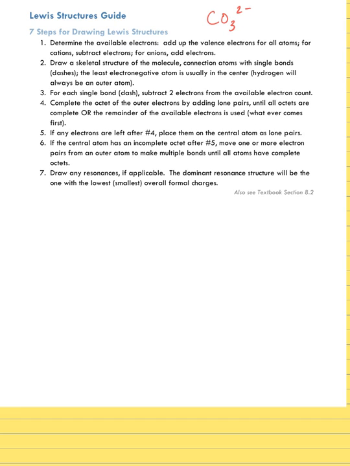So the 7 steps shown here are what I recommend you do when you make a Lewis structure. Sometimes in high school chemistry and other courses, you learn about making Lewis structures by sort of pushing around electrons and making dashes until it seems like everything has an octet or the appropriate number for its level.